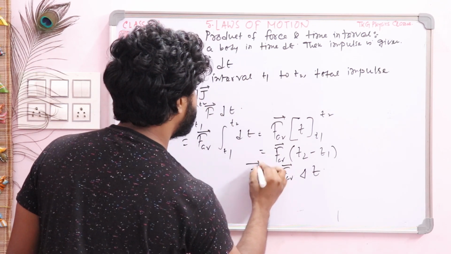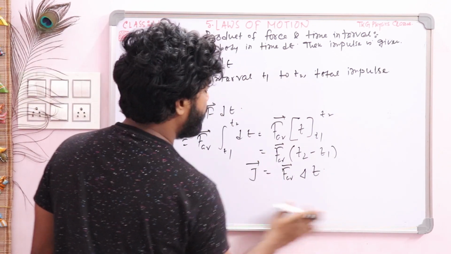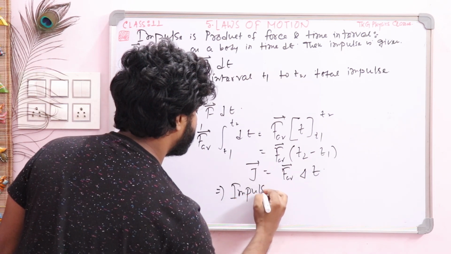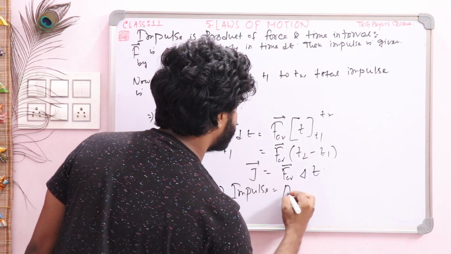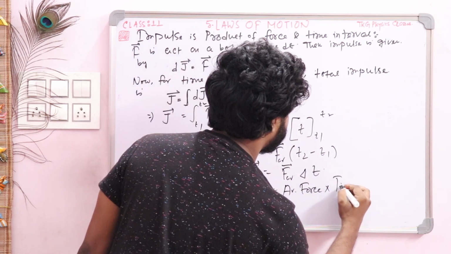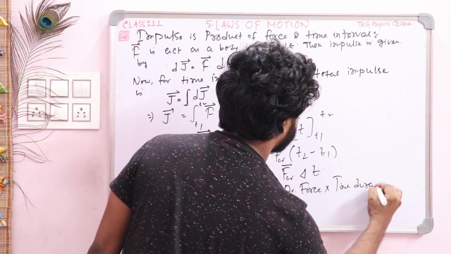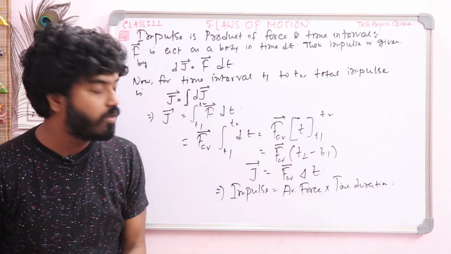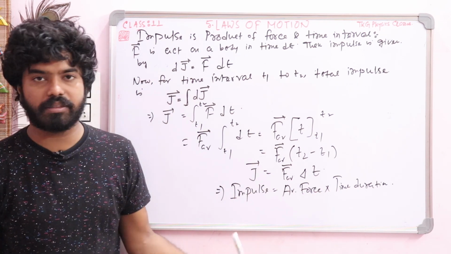So J vector is equal to F into delta t. J is named as impulse, F is the average force into time duration. Okay, so this is the product, that is average force into time duration, which gives impulse.